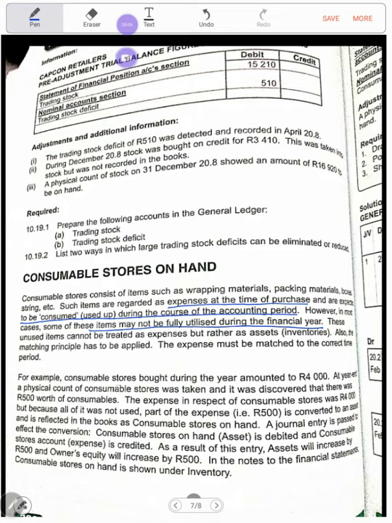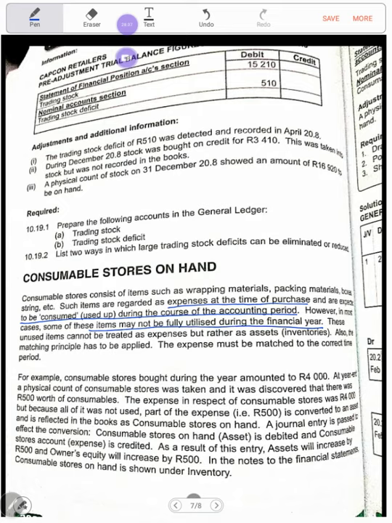For example, consumable stores bought during the year amounted to 4,000. At the end of the year, a physical count of consumable stores was taken, and it was discovered that there was 500 worth of consumable stores. The expense in respect of consumable stores was 4,000, but because all of it was not used, part of the expense, i.e. 500, is converted to an asset.